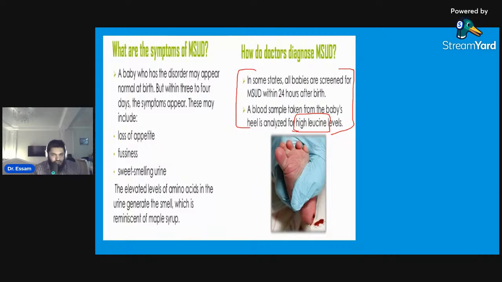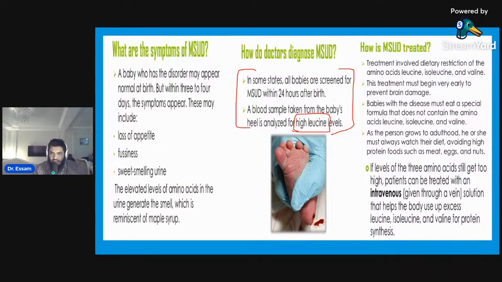Why they check for leucine, I don't know. Maybe it's easier to analyze for leucine, but this is what they do. If the leucine level is high, it means that the baby might have maple syrup urine disease. That is something interesting, and you can read all of these things.